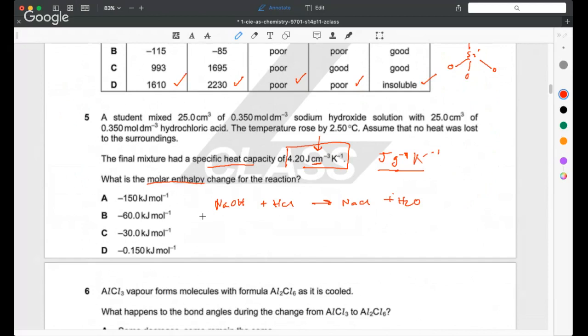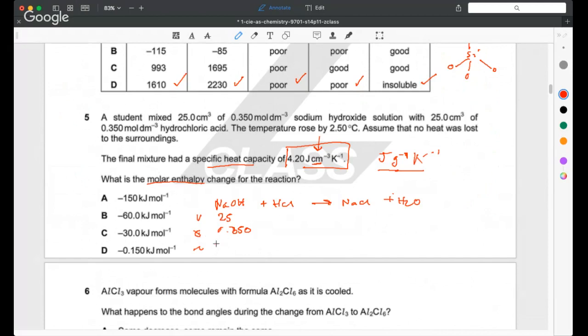And you've got, haven't you, the volume of sodium hydroxide, 25 centimeters cubed. You've got the concentration of sodium hydroxide, and that was 0.35 moles per decimeter cubed. And from the volume and the concentration, you can work out the number of moles.